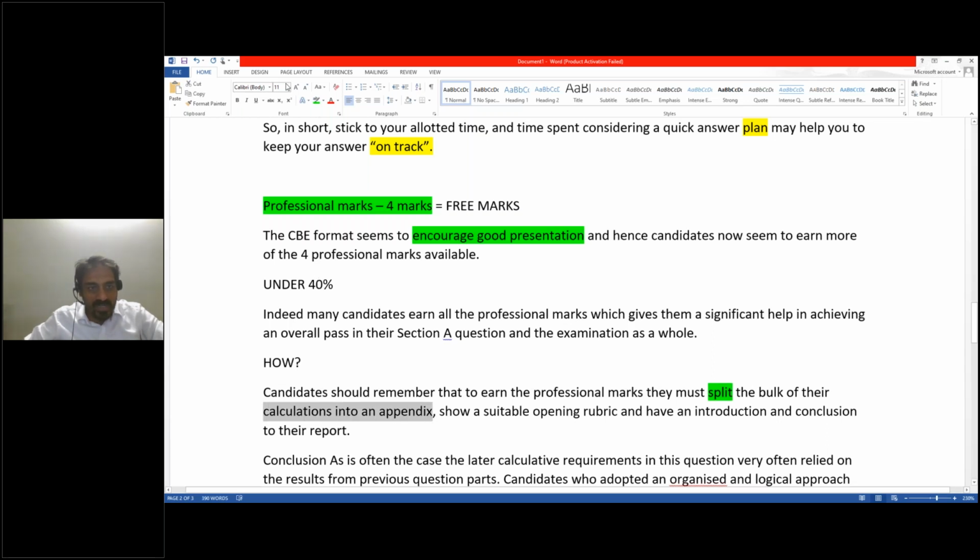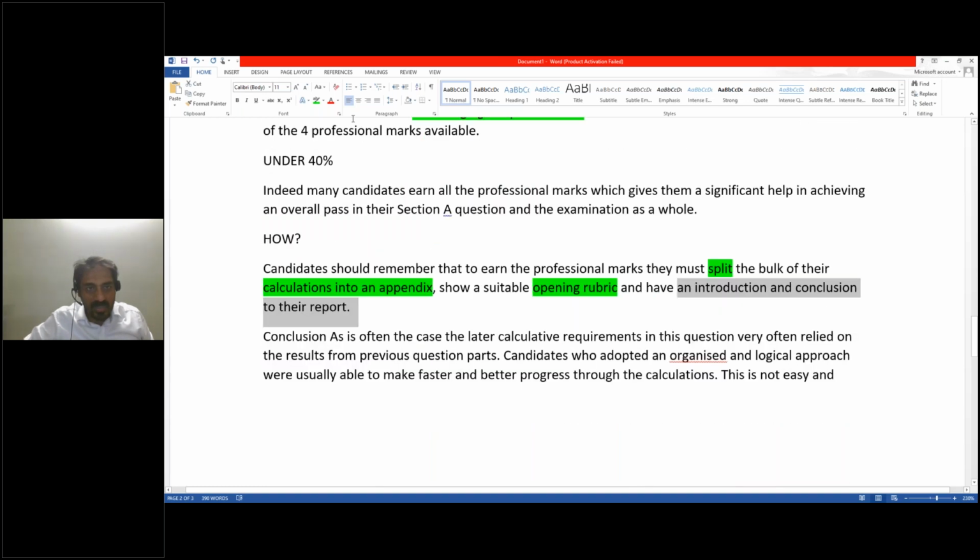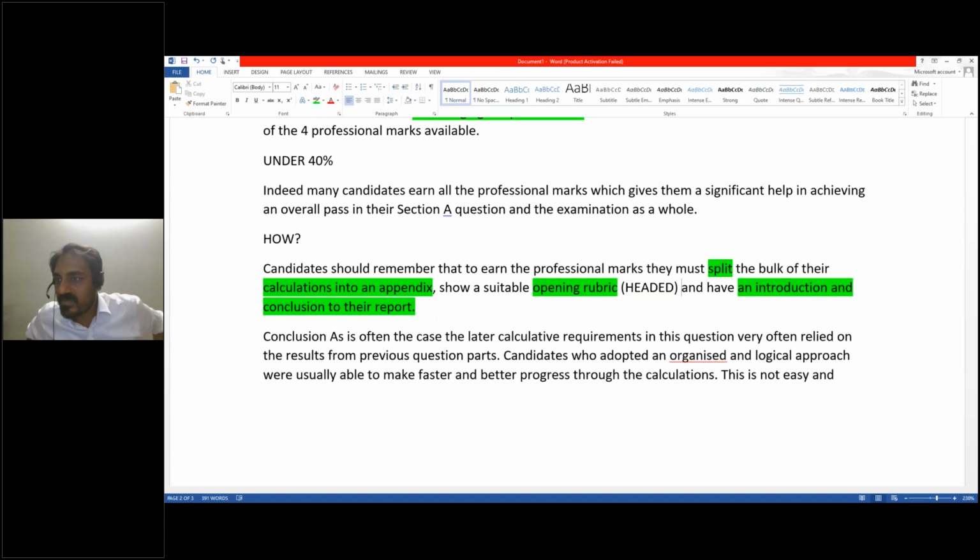Split calculations into the appendix. That is the point. Show a suitable opening rubric, meaning headings, and an introduction and conclusion in the report.